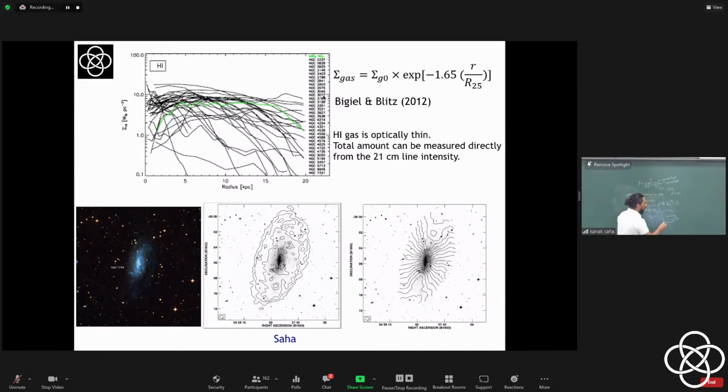R25 is where the surface brightness of the stars falls to 25 magnitude per arcsecond squared. That's the value in something called the blue band.